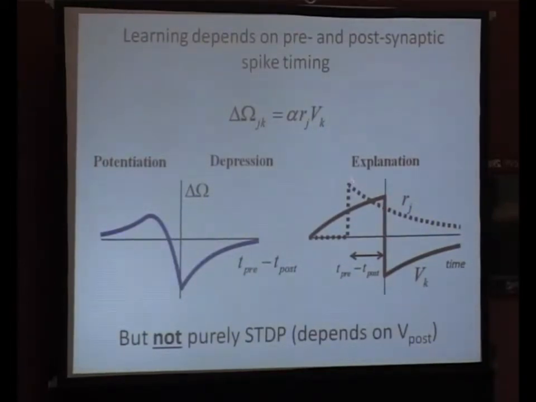So if you get a presynaptic spike before a postsynaptic spike, you will get a potentiation of the weight. And if you get a presynaptic spike after a postsynaptic spike, you get a depression of the weight. So changing the relative timing of pre and post spikes changes the sign from LTP to LTD.